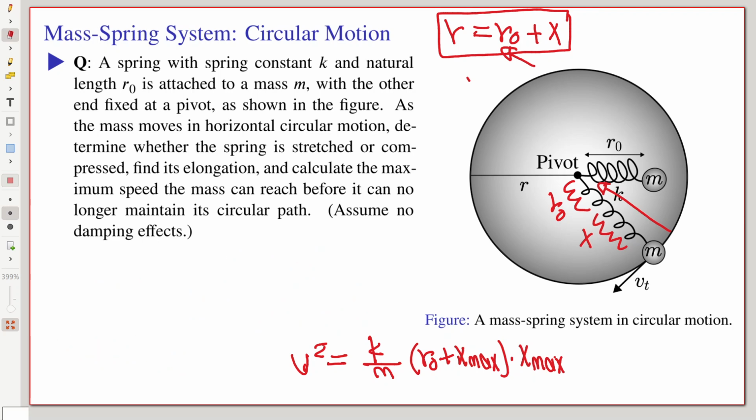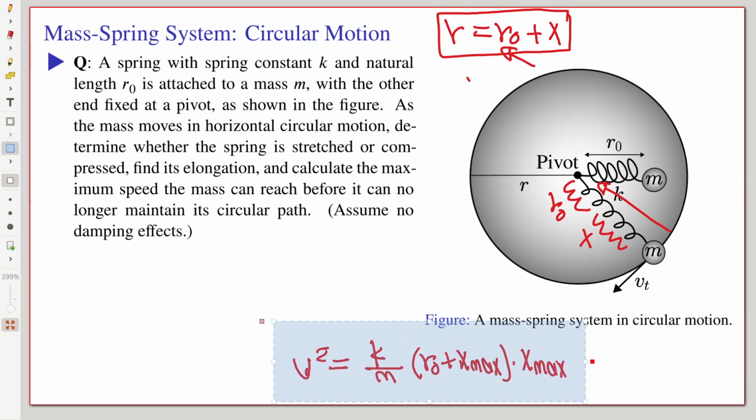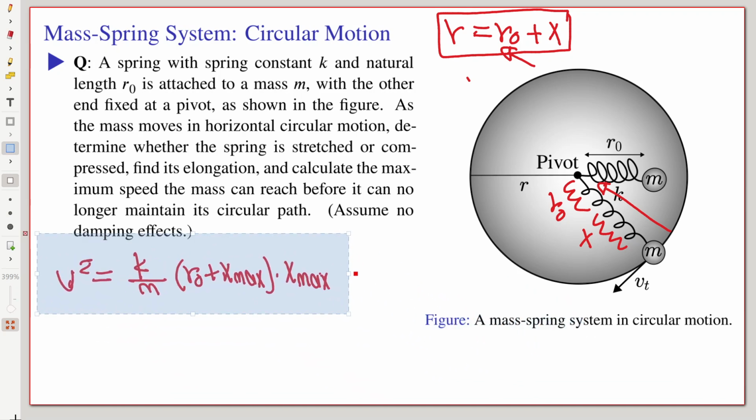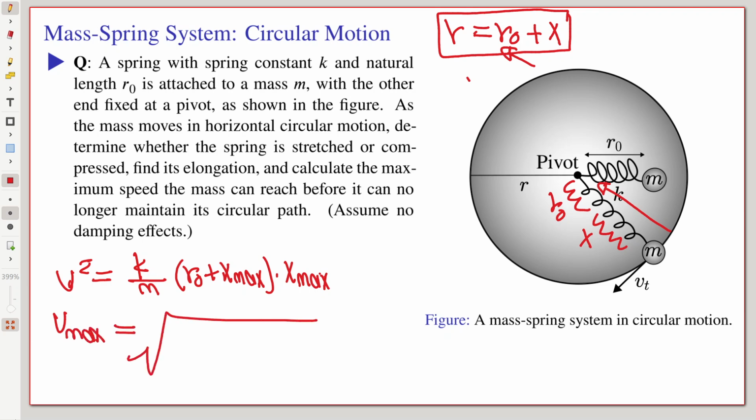So v maximum is equal to the square root of k over m, x maximum multiplied by r naught plus x maximum.